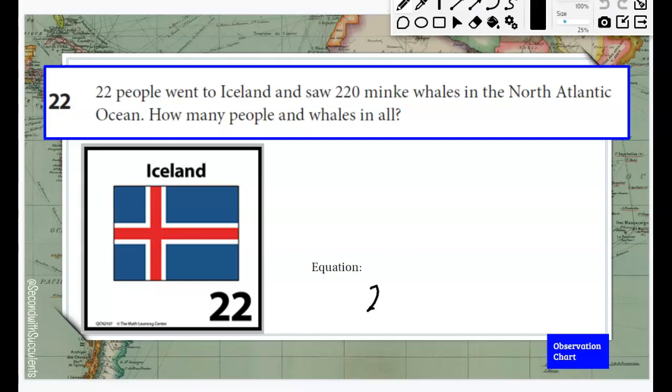There are 22 people who went to Iceland. They saw 220 minke whales. How many people and whales in all? Now take a moment to solve this equation using an open number line, and then we'll see if we did it in the same way to get the same answer.